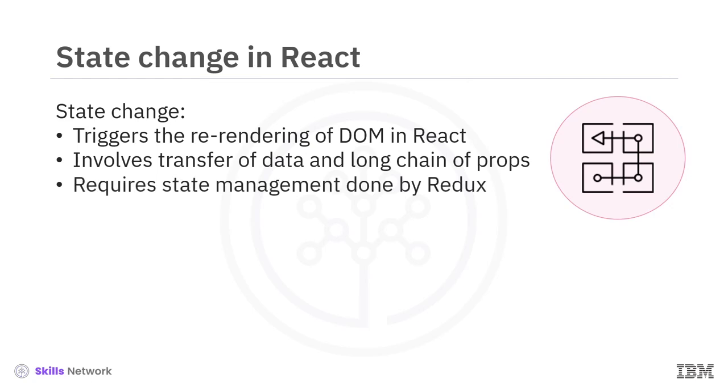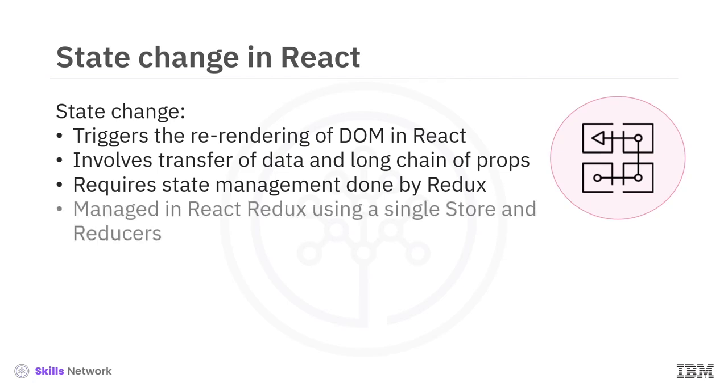It is an open-source JavaScript library that can manage the state of your application. It is commonly used with ReactJS, but is not limited to it and can also be used with other JavaScript libraries such as Angular. A conventional React Redux application comprises a single store along with a single root reducer.